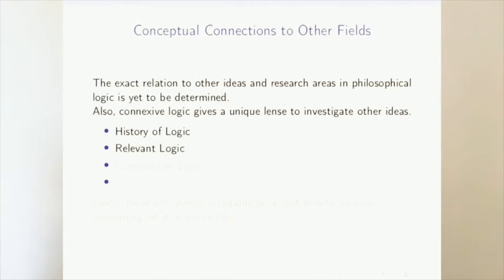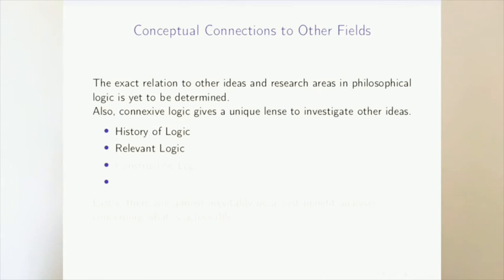Coming more to the modern period, there are all kinds of non-classical logics that you could try to combine with connexive ideas and see what happens, on the one hand. And on the more philosophical and conceptual level, you can ask, well, these have motivations. Do they go against the motivations of connexive logics, or do they go together?